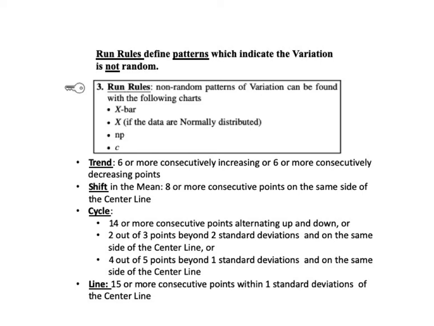A cycle could be one of 3 things: 14 or more consecutive points alternating up and down, or 2 out of 3 points beyond 2 standard deviations and on the same side of the center line, or 4 out of 5 points beyond 1 standard deviation and on the same side of the center line. And finally, a line pattern would be 15 or more consecutive points within 1 standard deviation of the center line.